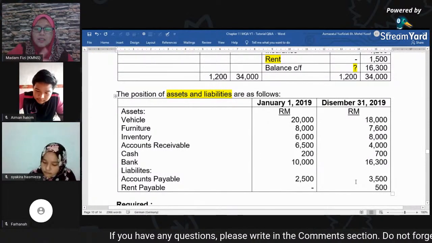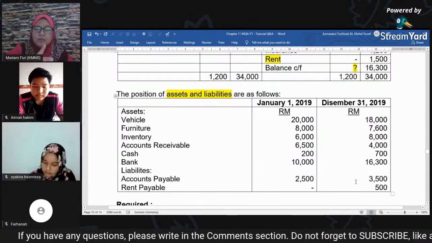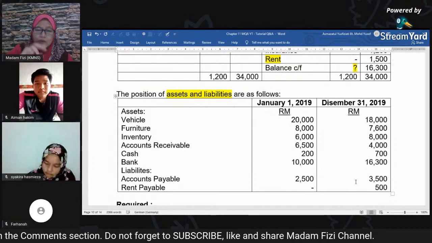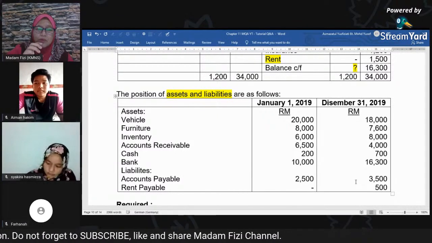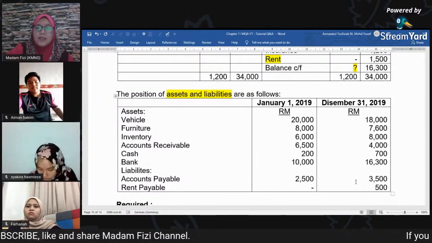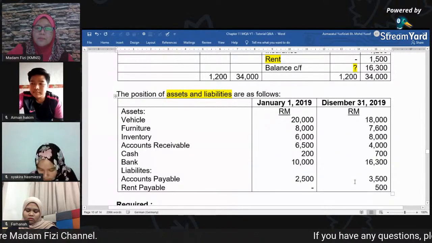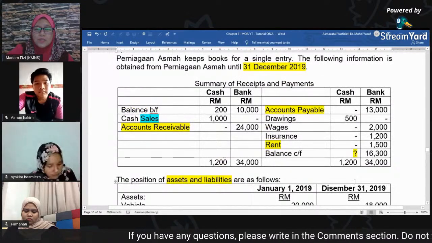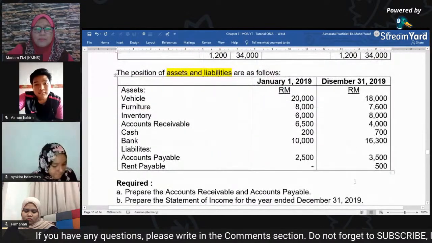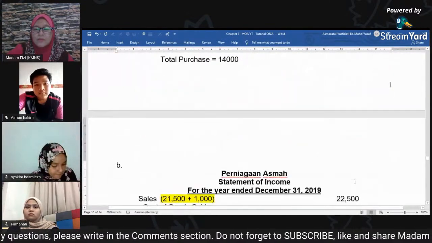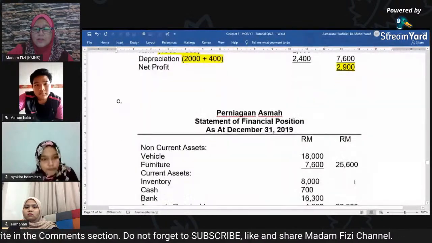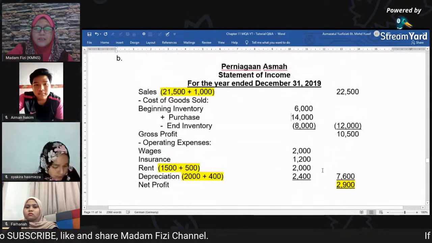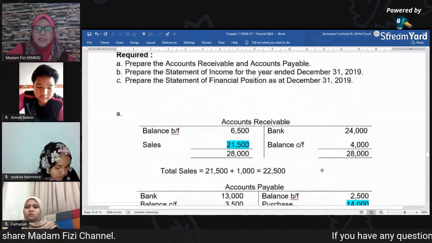Because there are only 2 items, you don't have to open a T account. If you want to do the T account for rent payable, it is also fine. Then you still get the same answer. Okay, just now, apa lagi satu tadi? Depreciation.